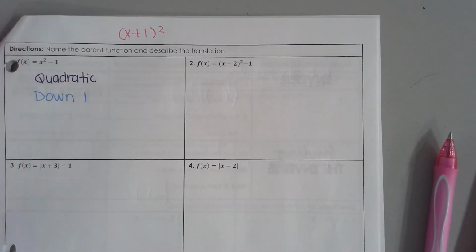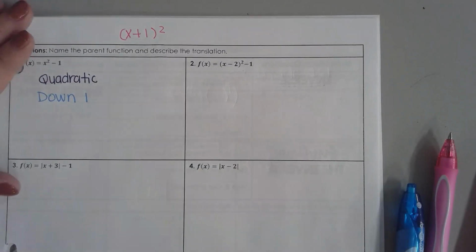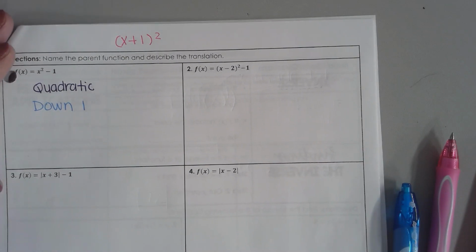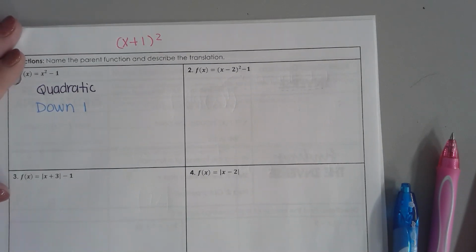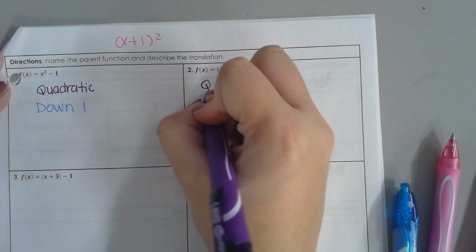Number 2, what type of function do you think it is? Linear, quadratic, absolute value, square root. Quadratic. If you see an exponent of 2, squared, you're going to have a quadratic.